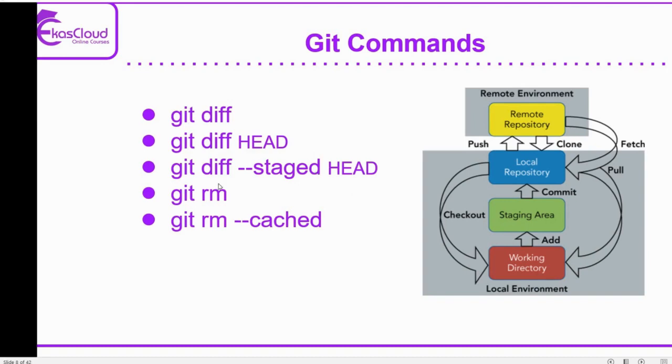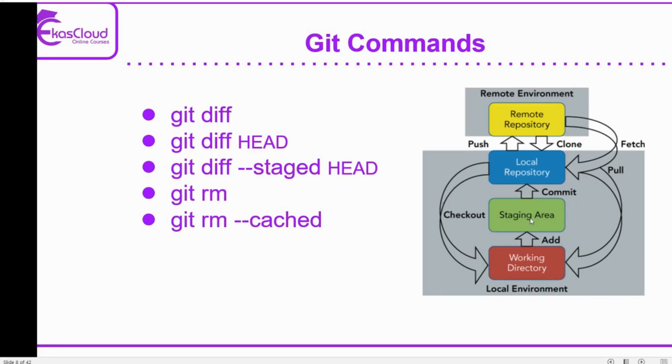And we can use git diff HEAD. This command helps to find the difference between the files in the local repository and the working directory. And git diff --staged HEAD. This command helps to find the difference between the staging area and the local repository.